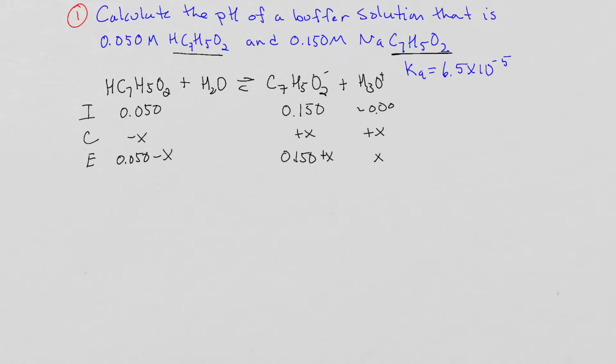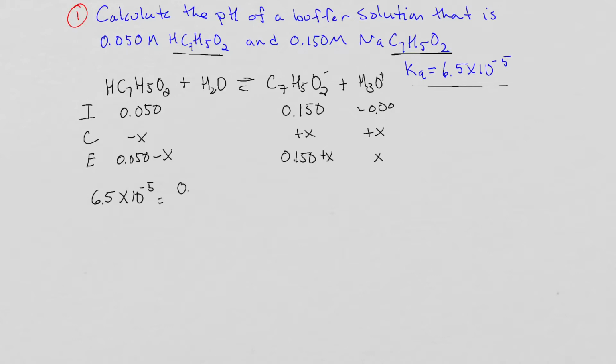So as part of the problem, we were given the Ka of our acid. So we're going to set that up. So 6.5 times 10 to the minus fifth equals, again, our conjugate base times hydronium over the acid.